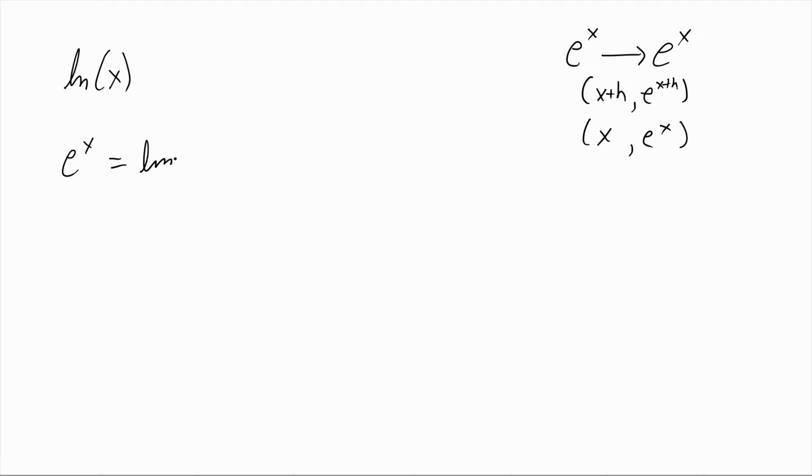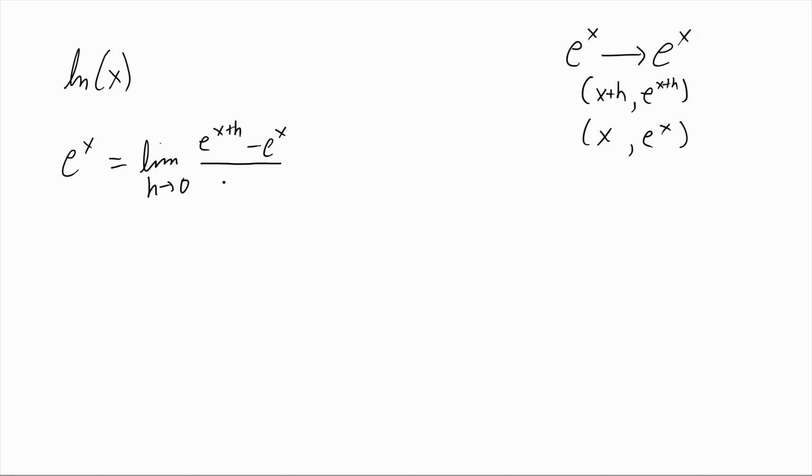So then we're taking a limit as h approaches 0 of rise, e to the x plus h minus e to the x, all over the run, x plus h minus x, which is just h. So we're going to be taking that limit. All right, now we're going to think about this for a minute and maybe even replace this h with something.